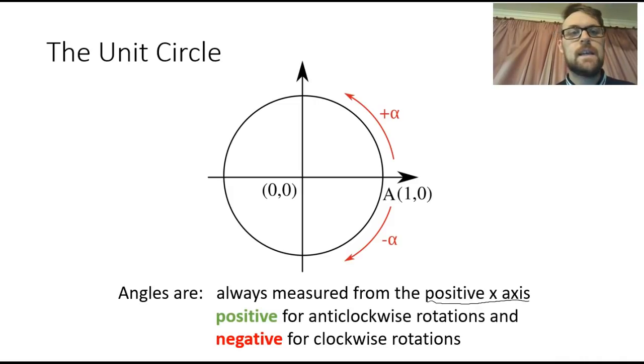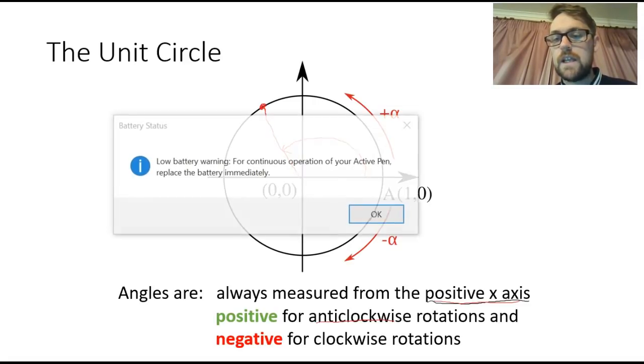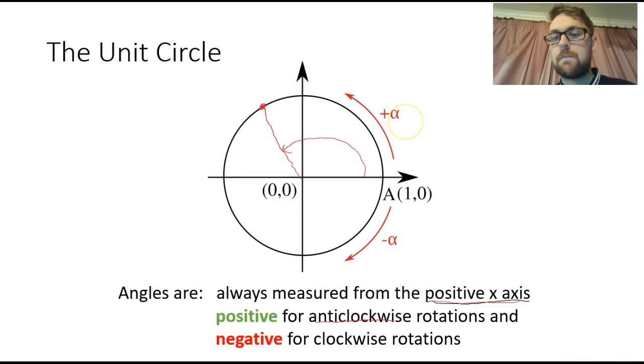Now, what that means is if we have a point on the circle, let's say it is here, okay, and I drew the radius out to that point, I would measure the angle to this, not from the y-axis, not from the negative x-axis, but from here, from the positive x-axis. Now, the next point is if I measure anti-clockwise, like I have, I'm going to give my angle as a positive number.